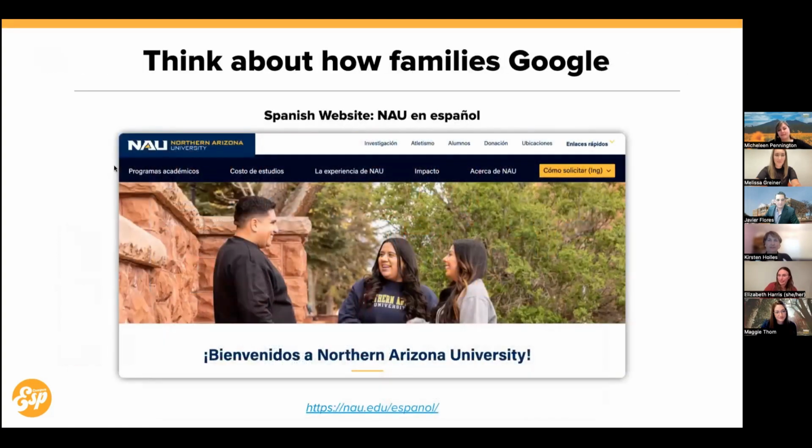So the next one is to think about how families Google. So how they're inputting their Google search and how that leads into the content that appears whenever they do that search.